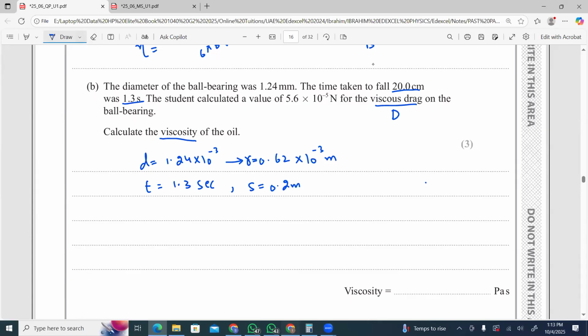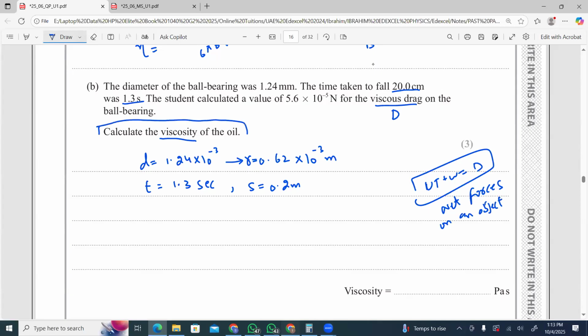You don't need to use this equation of thrust plus weight equals drag. No, you don't need to use that, because this is the equation for the net forces acting on the body. Okay, but here they are exclusively writing just calculate the viscosity. So for the viscosity, you just need drag, nothing else.